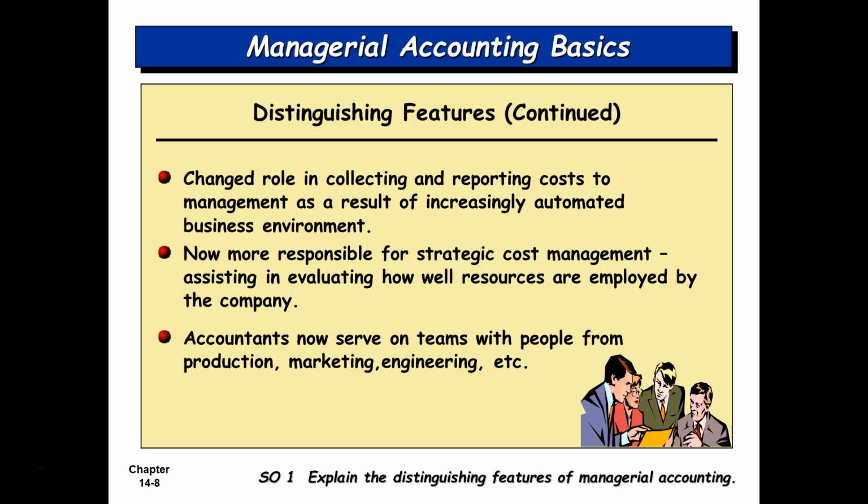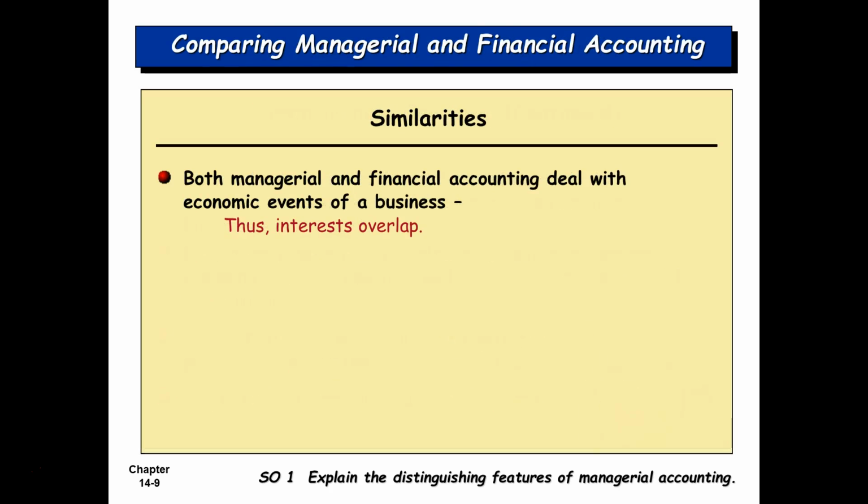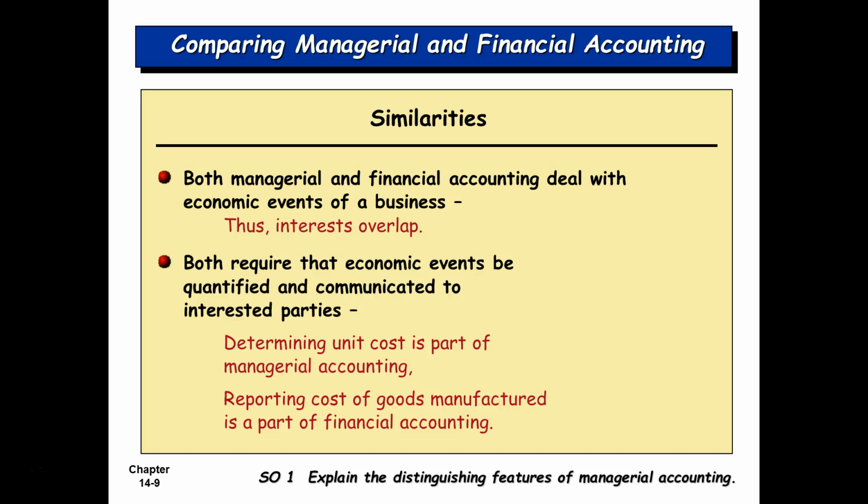If we go to slide 9, and if we compare managerial and financial accounting, again, I'm just going to go through overall similarities and differences. How are they really similar? Obviously, we need the debits and credits that we did in our earlier chapters in order to make a proper decision of what to do.